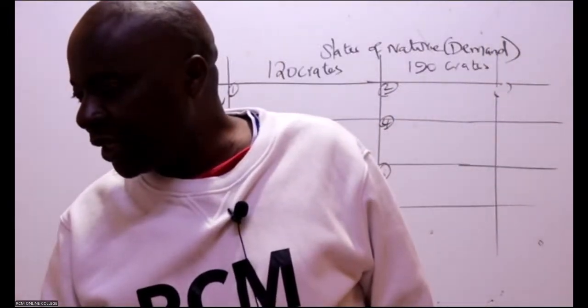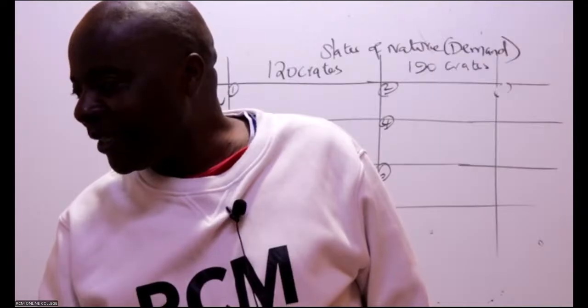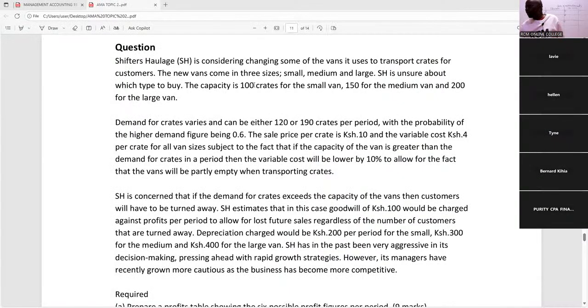Capacity of the vans. So as I finish this topic, ladies and gentlemen, you can see small is 100, 150, 200. So the capacity for small is 100. For the medium, we have 150.